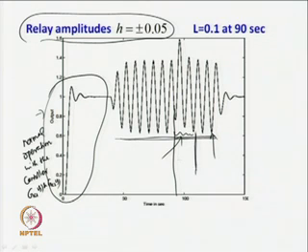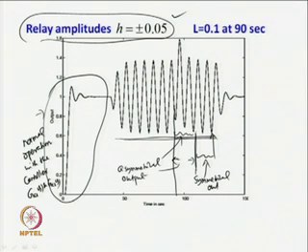So, for this span of time, we have asymmetrical output when the relay is symmetrical with the amplitudes plus minus 0.05, whereas after a few cycles again symmetrical output is obtained, which is exactly of the form that you had preceding the asymmetrical output.